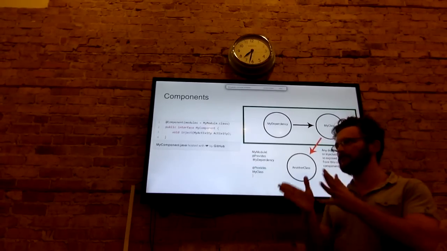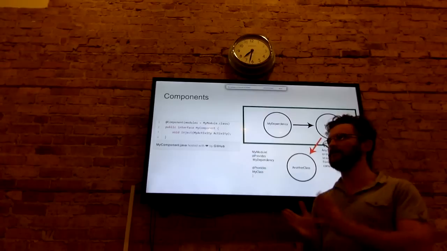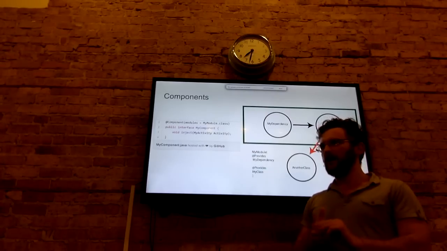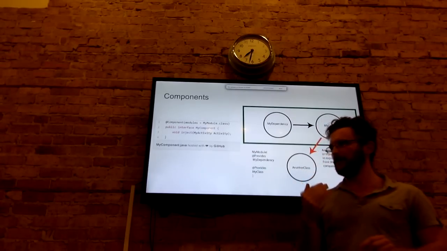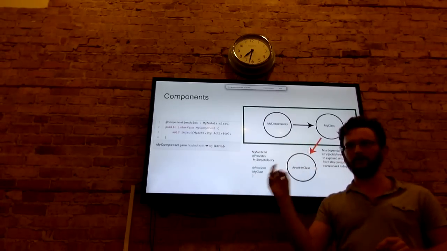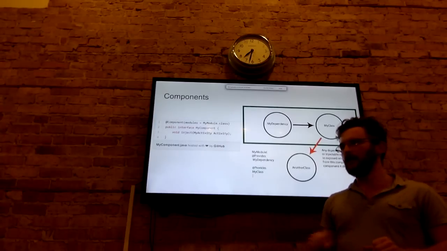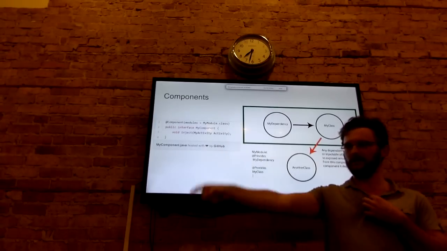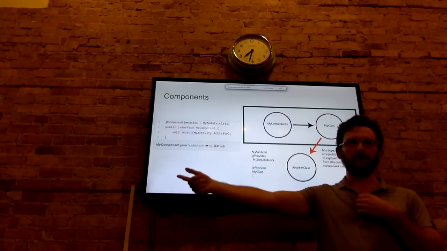The best analogy I can give you is I'm standing far from something, looking at a window and there's a coin, but I can't tell if it's a quarter or a dime. So I'm a component and I depend on another component to tell me if it's a quarter or a dime.